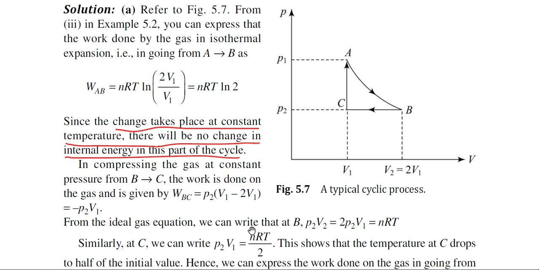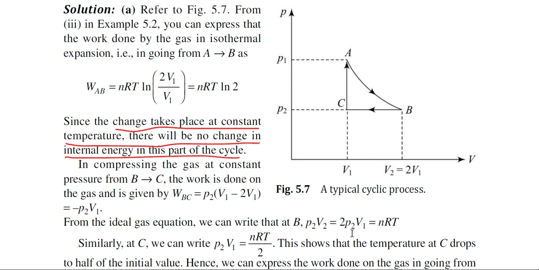From the ideal gas equation, we can write at the point B, that is P2 V2, because the pressure is P2 at point B and the volume is V2. V2 means actually 2 V1. So P2 V2 means P2 into 2 V1, or 2 P2 into V1.